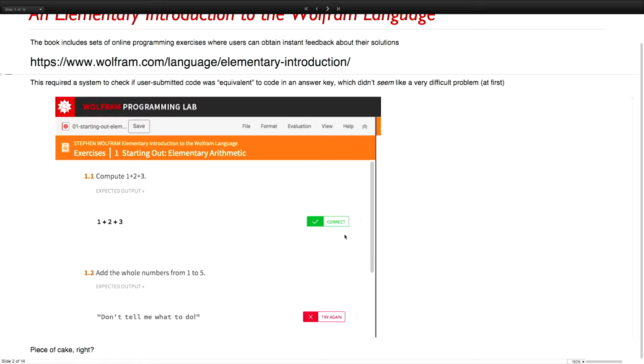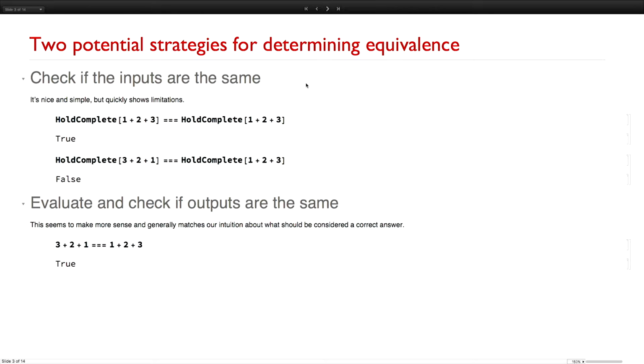So compute 1 plus 2 plus 3, easy, got it correct. It marks it when it's wrong as well. So I'm doing pretty good so far. So one of the questions you have to ask is, how do you decide when a program is correct, given some answer key?